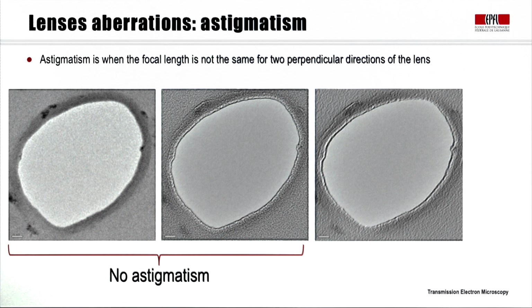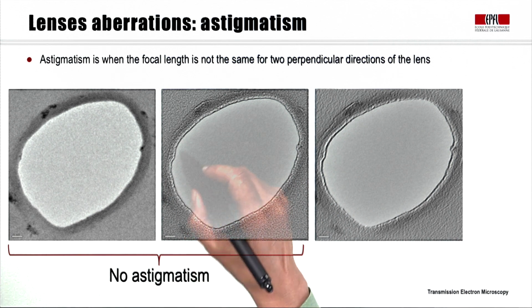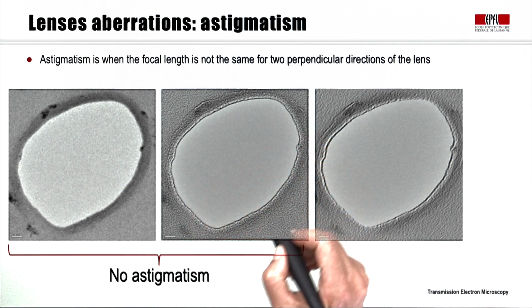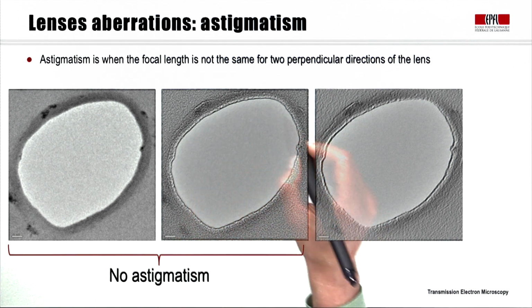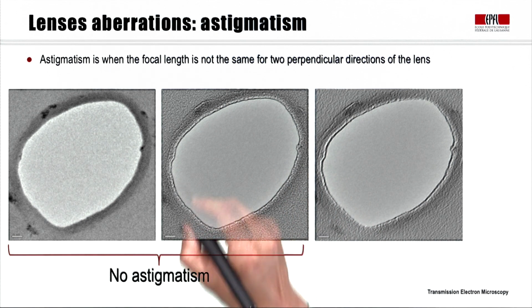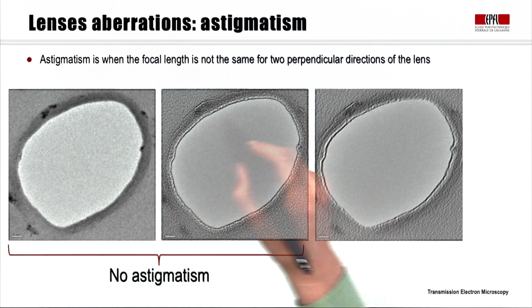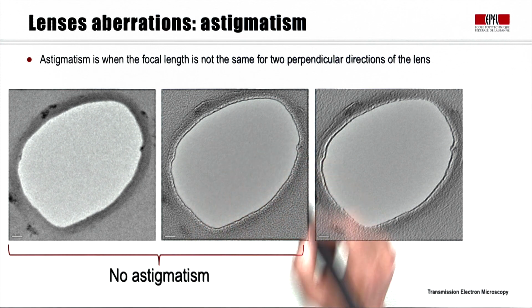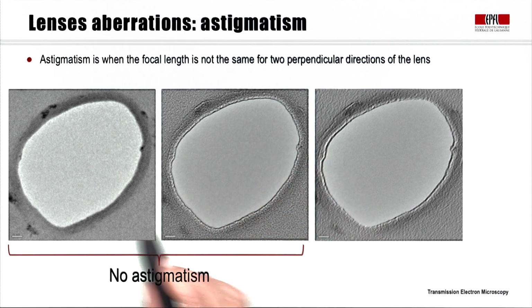If I now overfocus the lens, I will see some strange contrast there, which looks like grains appearing in the carbon film, and this dark rim on the side of the hole. But in this case, the rim is the same everywhere. I have no astigmatism in those two images. It's perfectly corrected.